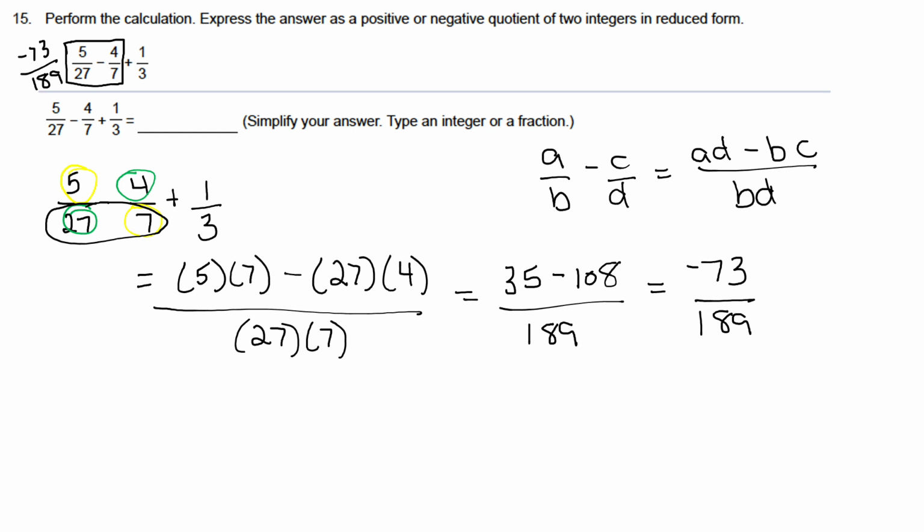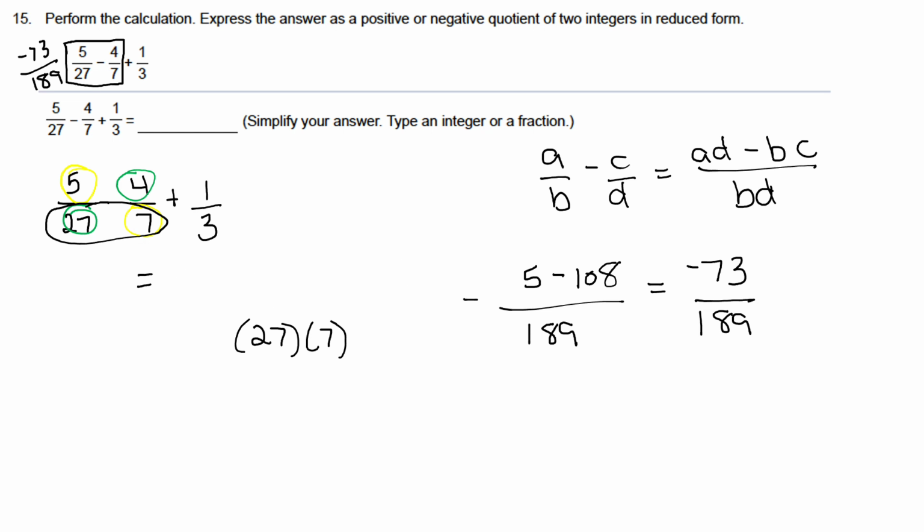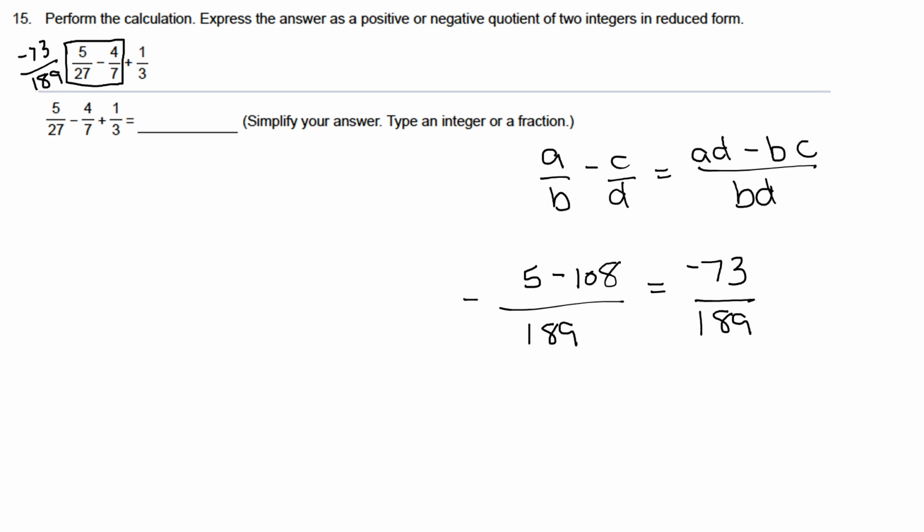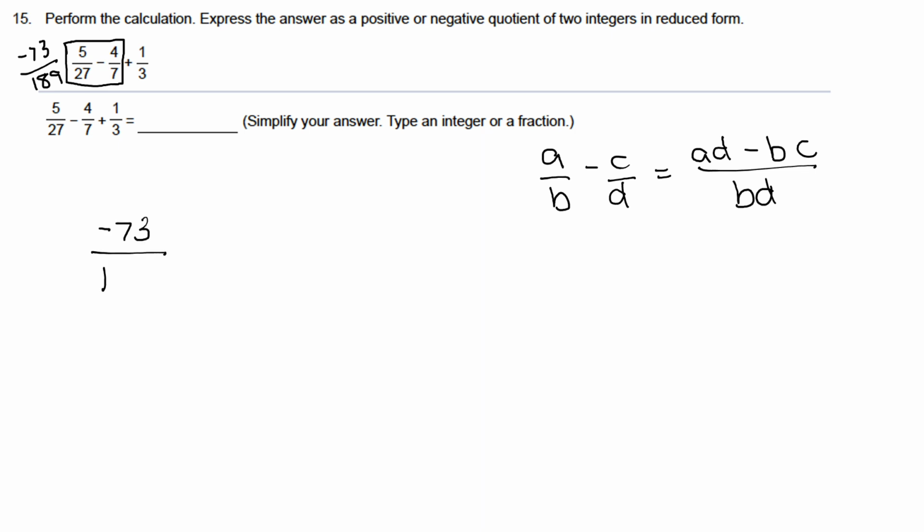So I'm going to rewrite my problem. My problem is now negative 73 over 189 plus 1/3, since to finish my problem, I have to add that 1/3.